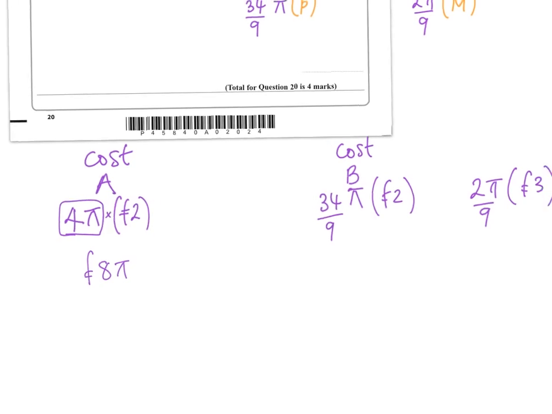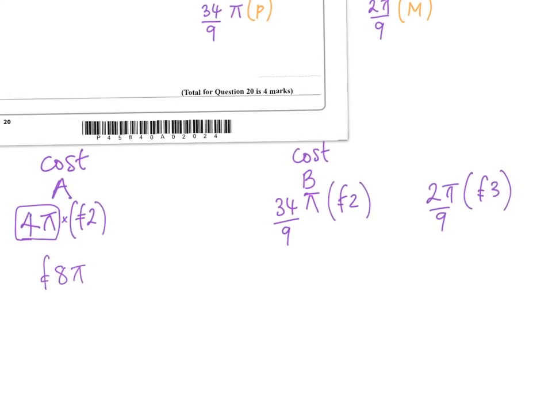And if we look at the cost for watch face B, and don't forget, we'll just keep it in its simplest. We could have put a 20 here, and that means we'd have to put a 20 here and a 30 here. The ratios would all cancel down, but we're just keeping it in its simplest form. So we've got 34 times the 2, which is 68 pi over 9 pounds, plus here 6 pi over 9 pounds.